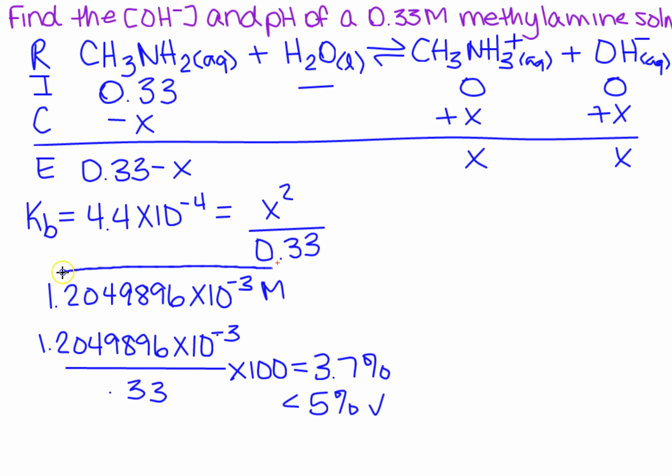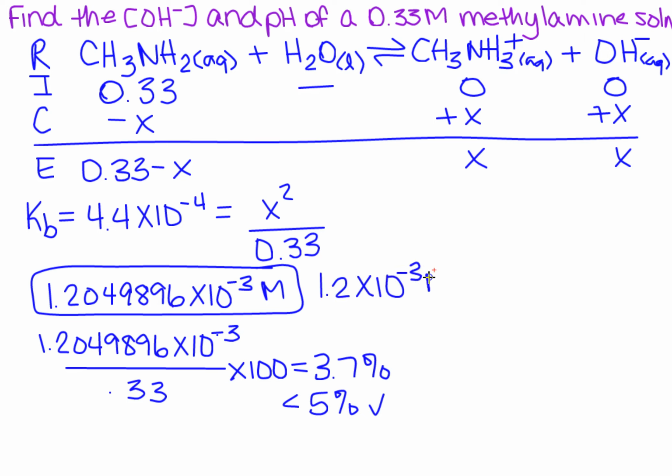So I have found, there's my concentration. It doesn't have the right number of significant figures, but we can fix that, right? So how do we fix that? Well, I need how many? I just need 2. So this would just be 1.2 times 10 to the minus 3rd molar.